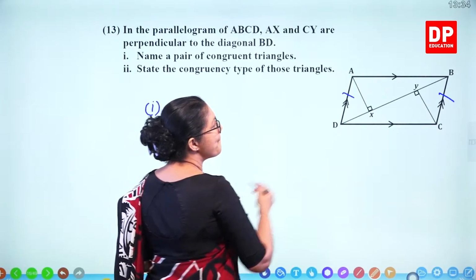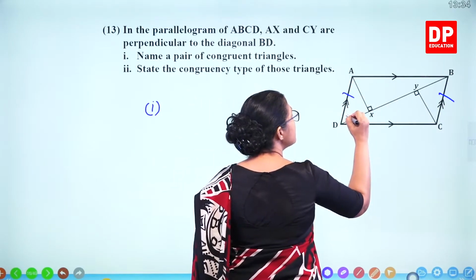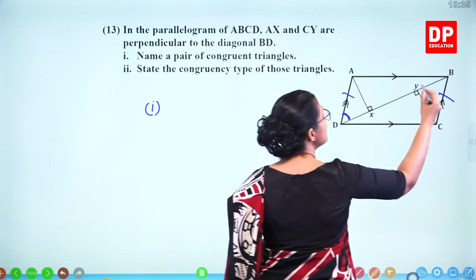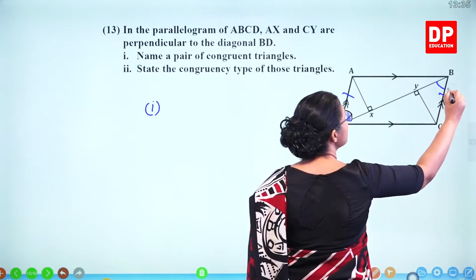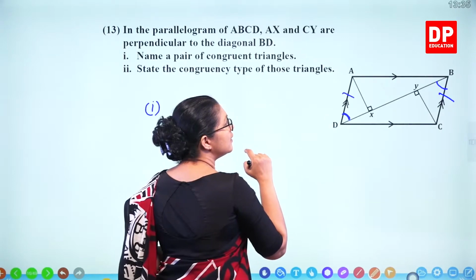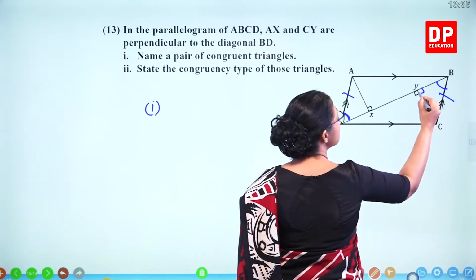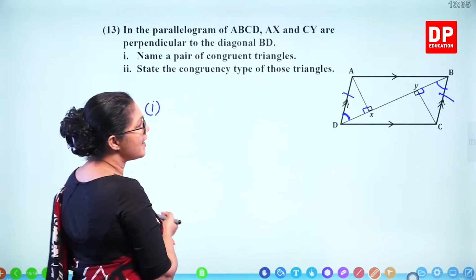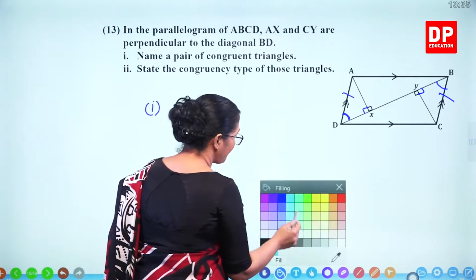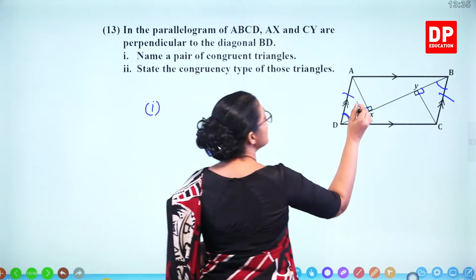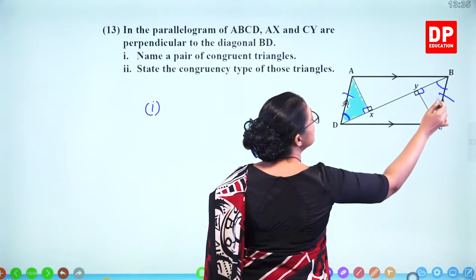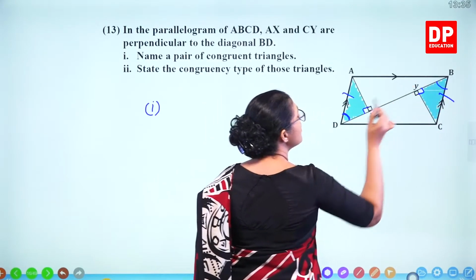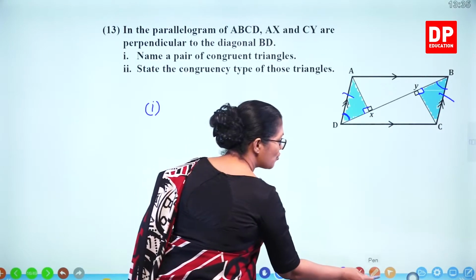Then, can you see? This angle is equal to this angle. Z letter alternate angles are equal. And this is 90 degrees. So, which two triangles are congruent? Can you see? This triangle and this triangle are congruent. Those are the two triangles.